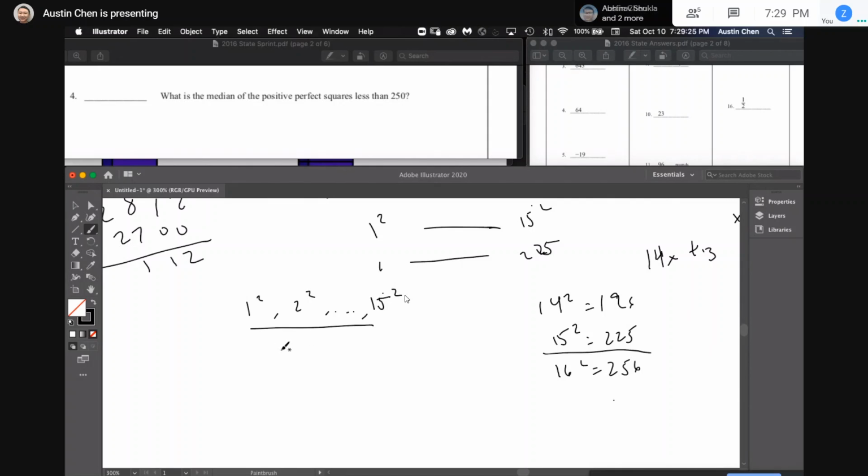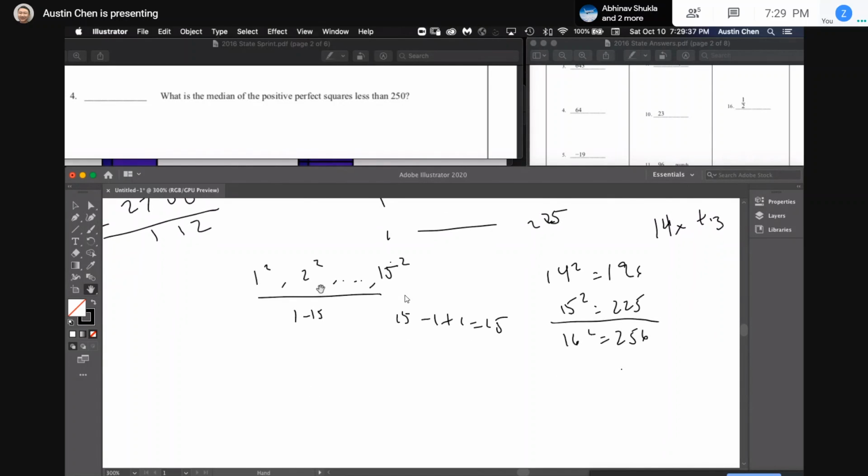This set has an odd number of values because it's from 1 through 15. Its size is 15 minus 1 plus 1, so it's 15, which is odd. That means its median is the one number in the very middle. The number in the middle is 7 squared, right?